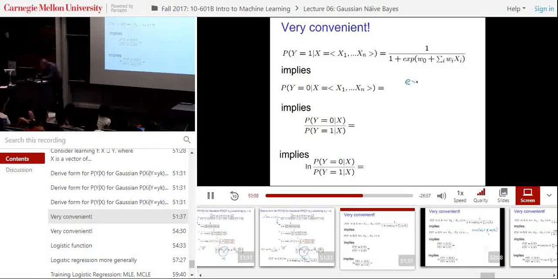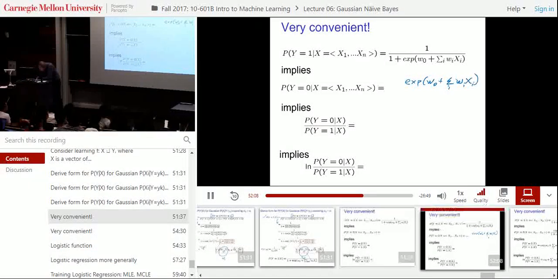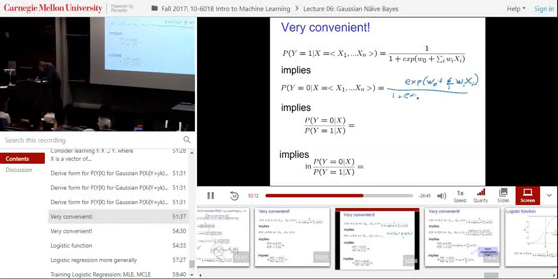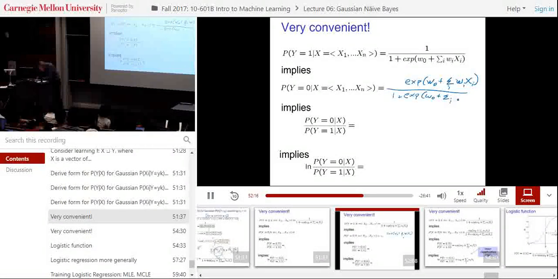That's just going to be exp of w0 plus sum over i of w_i x_i over the same denominator we had before. And if you don't believe me, just add those two things together and you get 1.